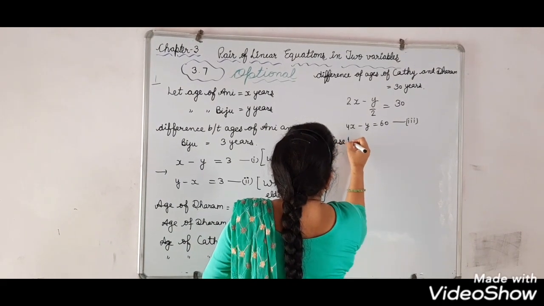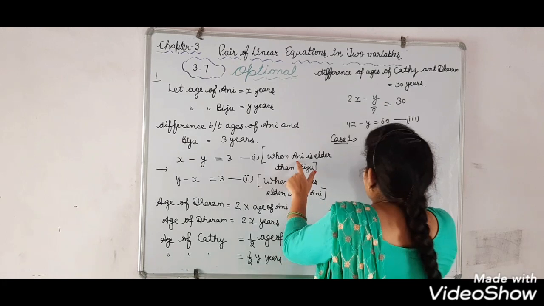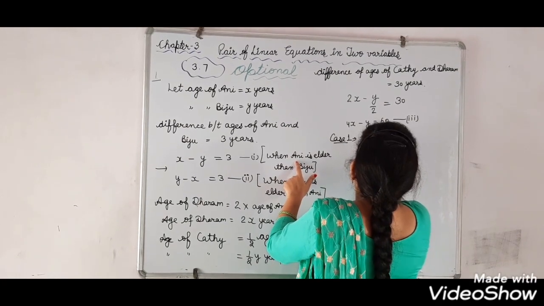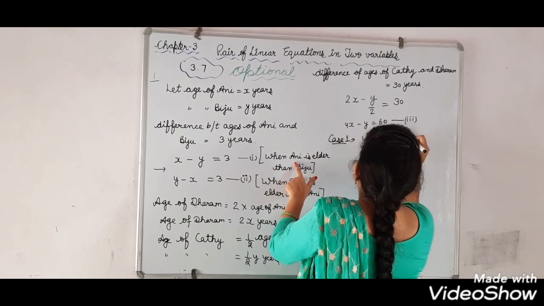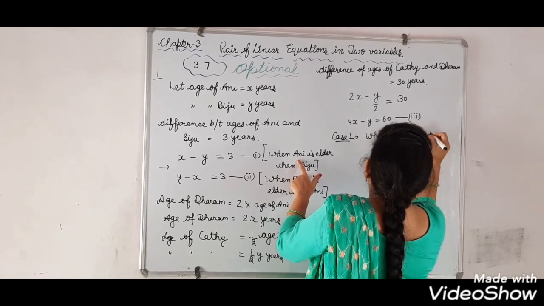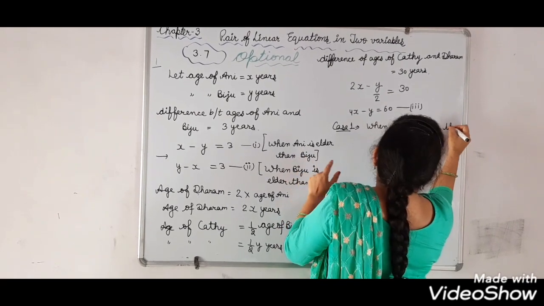Case first. Which one is first case? When Ani is elder than Biju.